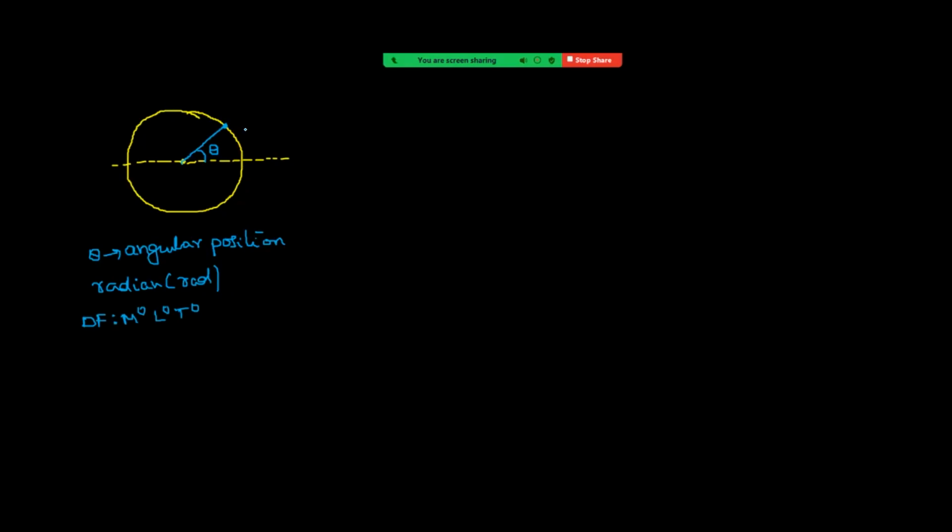Now see carefully. The rate at which this angle is changing, meaning the rate of change of angular position with respect to time, is called angular velocity. I am writing here, this is omega, known as angular velocity.